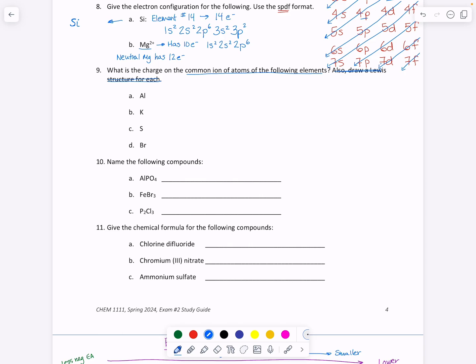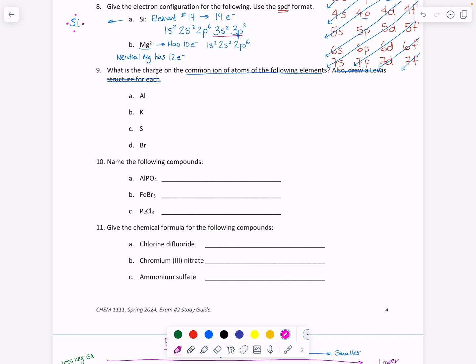So our silicon atom has 4 valence electrons, so we would put 1, 2, 3, 4 electrons around our silicon atom. That would tell us that there are 4 valence electrons. You would put up to 2 electrons on each side because you can have up to 8 valence electrons in your atom.